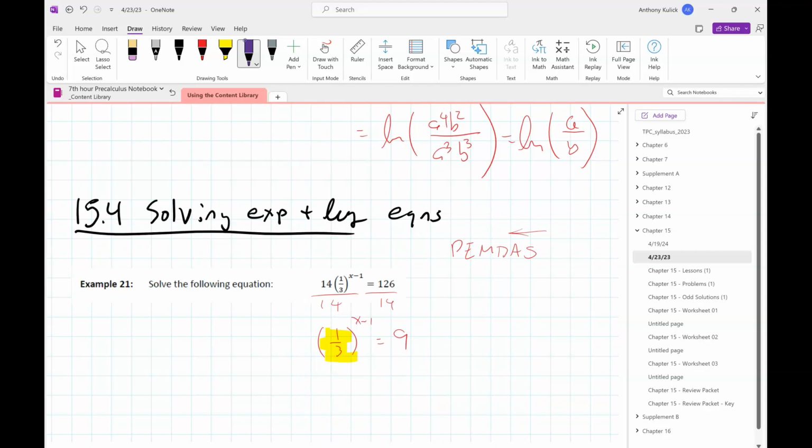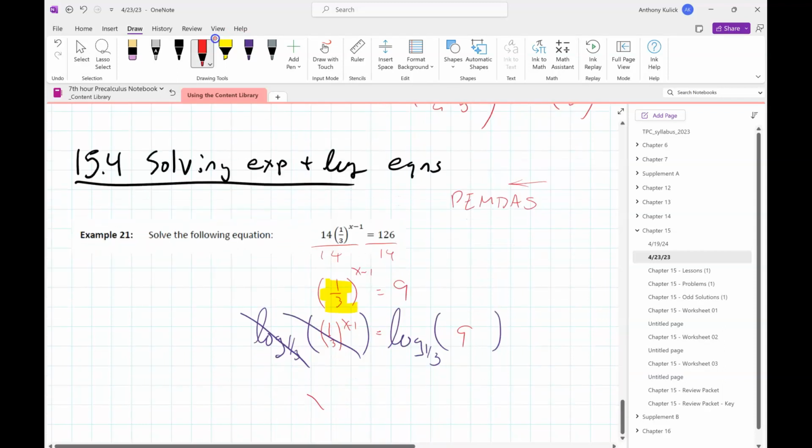I'm going to choose a logarithm of a specific base in order to keep it simple. Which base do I want to choose my logarithm to have? I want it to have the same base as my exponential. Log base 1/3 cancels exponent base 1/3.